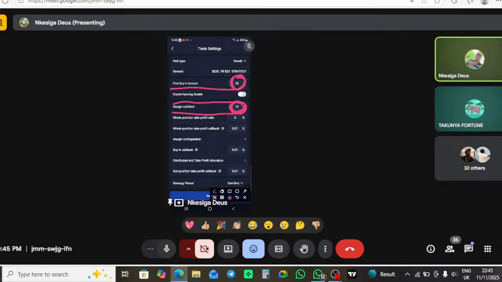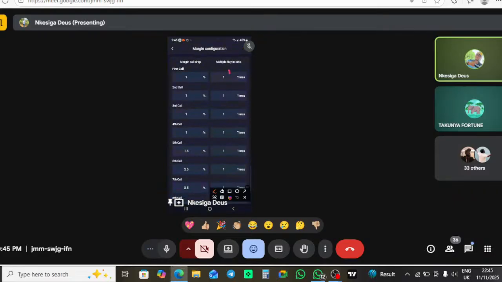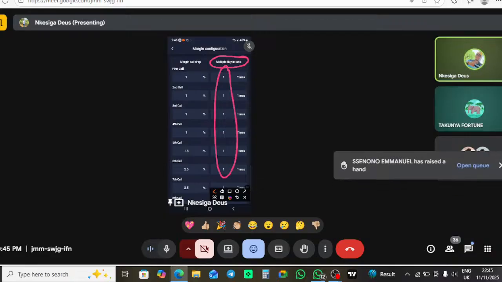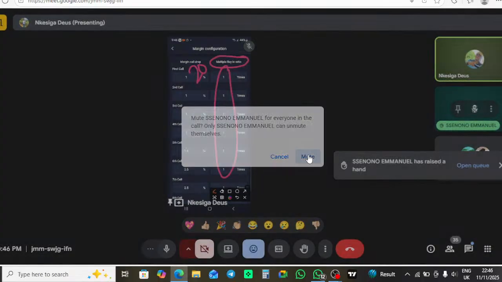If we want to increase here on 20, then when you come here on margin configuration, you can increase this side. Are we together? The multiple buying ratio, it means, yes, you told us that your first buy is 20. Yes, I have seen that. But now here, how many times can we buy for you?